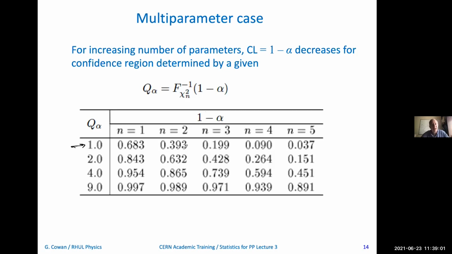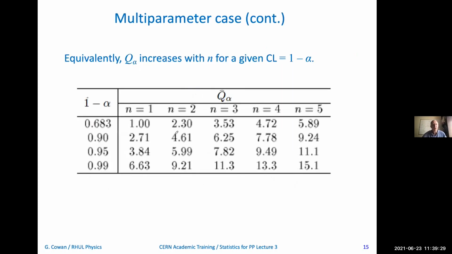So the probability that such a two-dimensional region would cover the true point in parameter space wouldn't be 68.3%, it would be 39.3%. And it decreases as the number of parameters increases. If you went down a further amount, so log L equals log L max minus 1/2 times 2, then of course you would get a larger region and a larger confidence level. Sometimes you want to actually specify what the confidence level of the region should be.